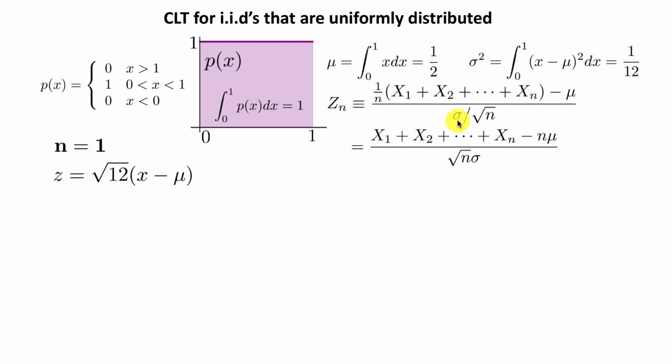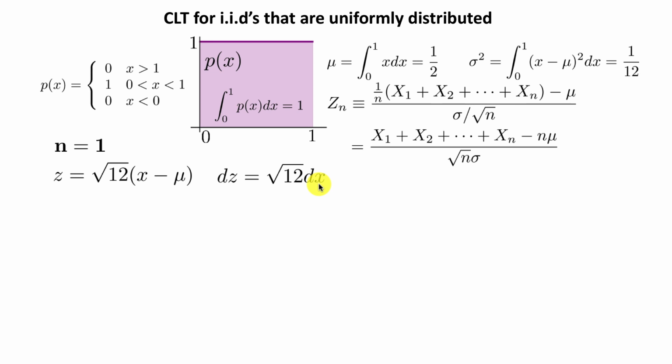Sigma is 1 over square root of 12. And so we have this new variable. Z is square root of 12 into x minus mu. I haven't called it half, but of course, from here, it is that. Next, we're going to write dz as square root of 12 dx.